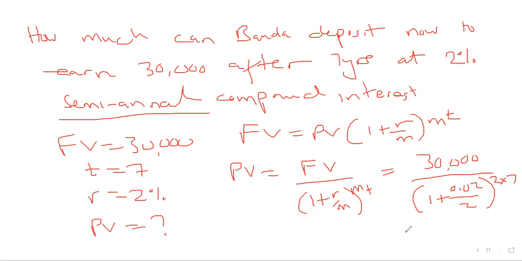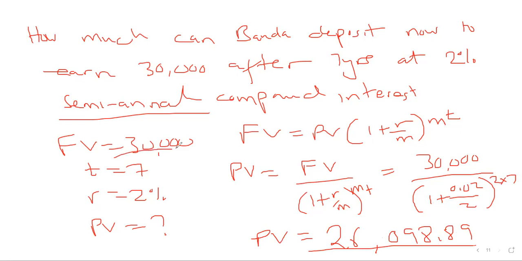So we're going to divide our 30,000 by this interest factor to give us 26,098.89. So this is how much must be deposited now for us to earn 30,000.